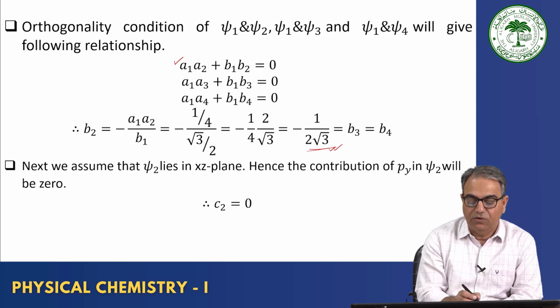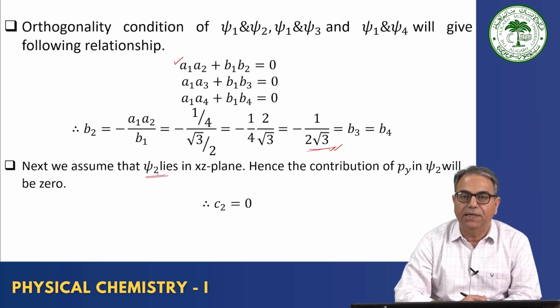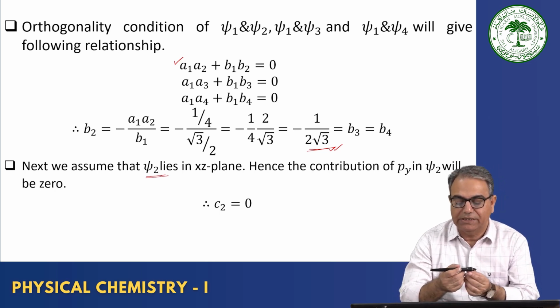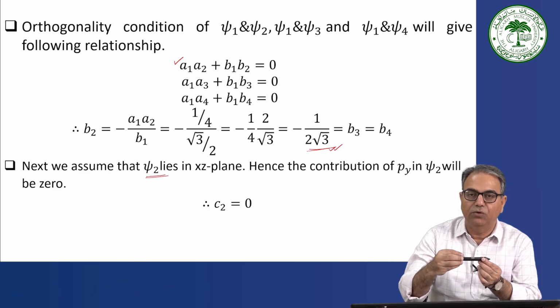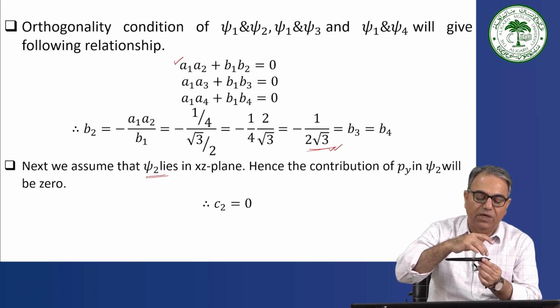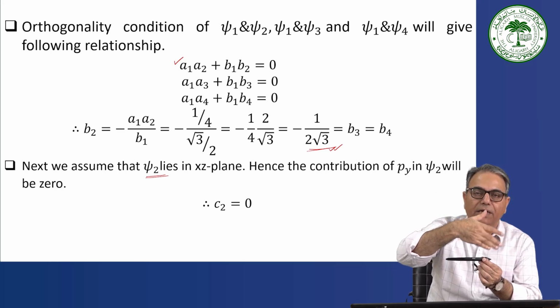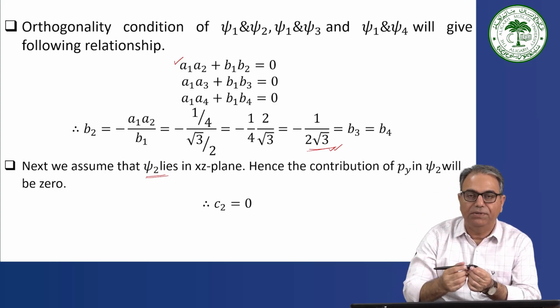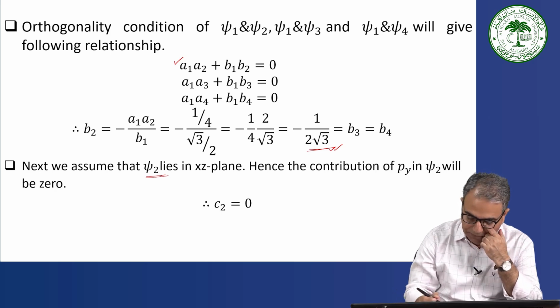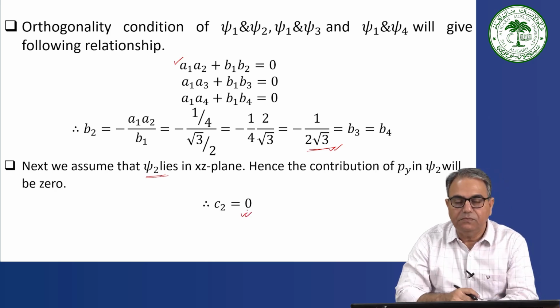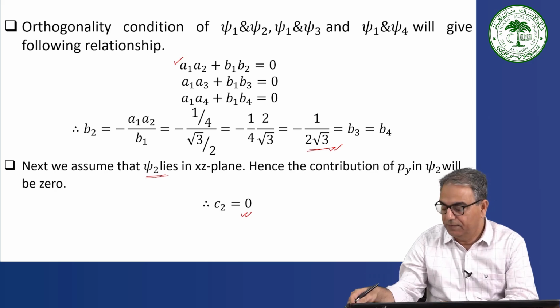We say that the second hybrid orbital lies in the xz plane. Initially I said one of the lobes is along the x-axis, and then you have a z-axis here. So this is your xz plane, and we fix another orbital in the xz plane. So py contribution will be nil, and then C2 will be equal to 0. Okay. So C2 is equal to 0.